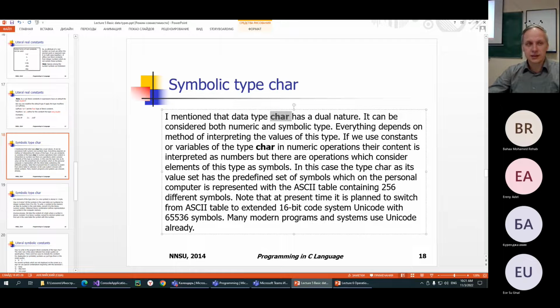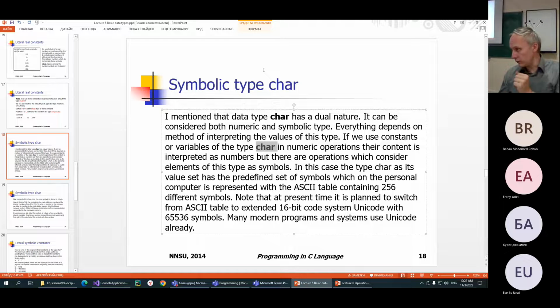And when we consider the type char, the values of the type char can be considered as very small integer numbers, and at the same time as characters.